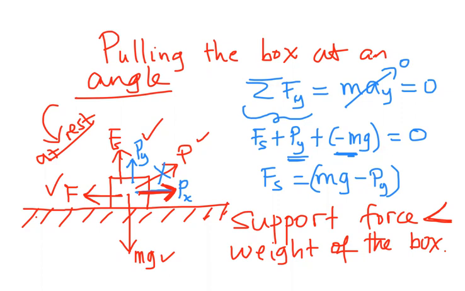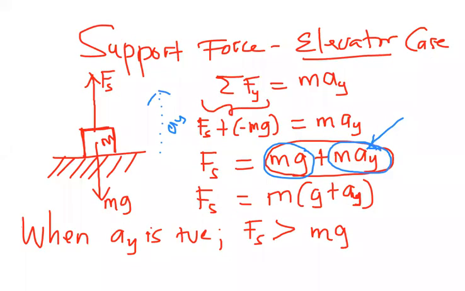And finally, or not finally yet, but we looked at the elevator case. For the elevator case, we saw that the support force can be actually more than the weight, less than the weight, or equal to the weight, depending on the acceleration.